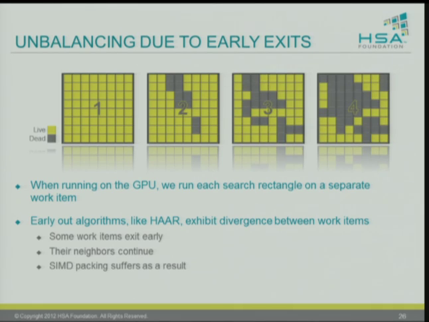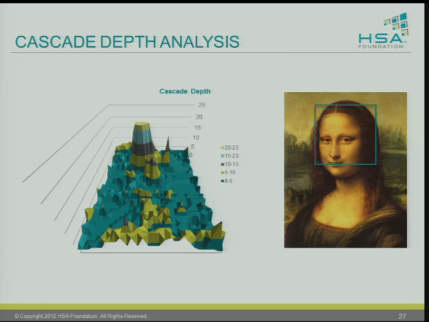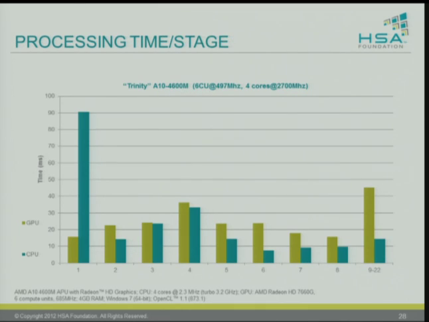At each stage, we have threads exiting, which means as we go through those cascade stages, the SIMD packing and the GPU efficiency goes down. And GPUs and SIMD engines in general don't do well when their packing is below 50%. So what to do? Especially given that in an average photo or video frame, the vast majority of the search squares are going to exit in 5 cascade stages or less.